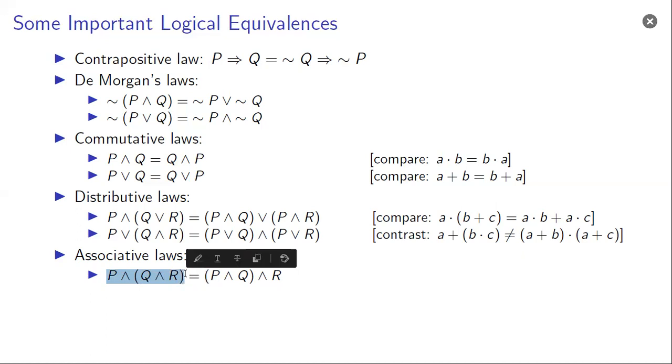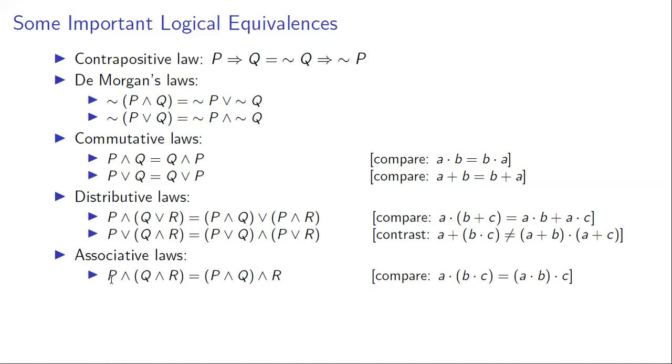As long as I'm only dealing with and operators, the grouping, the way I associate things together with parentheses, doesn't matter. Compare this with multiplication. A times (B times C) is equal to (A times B) times C. That's also known as an associative law.